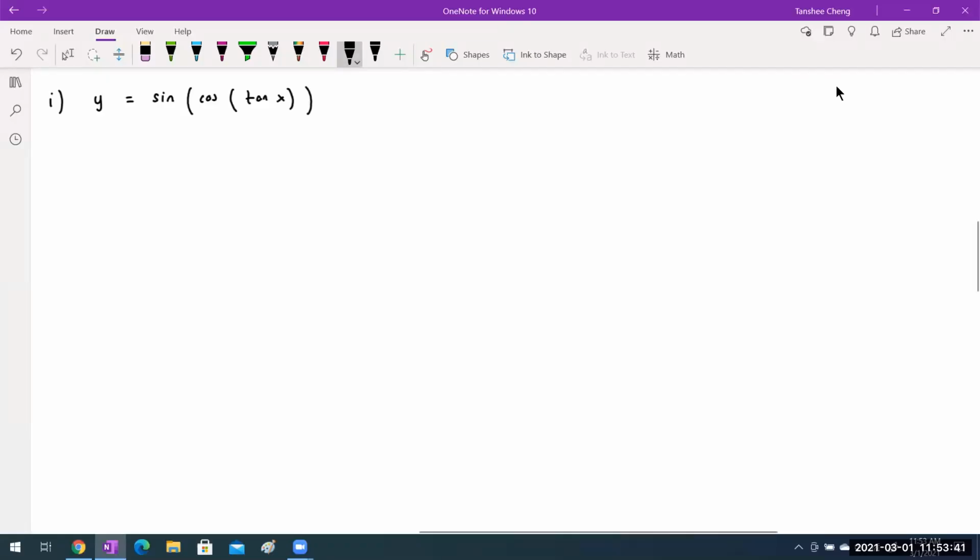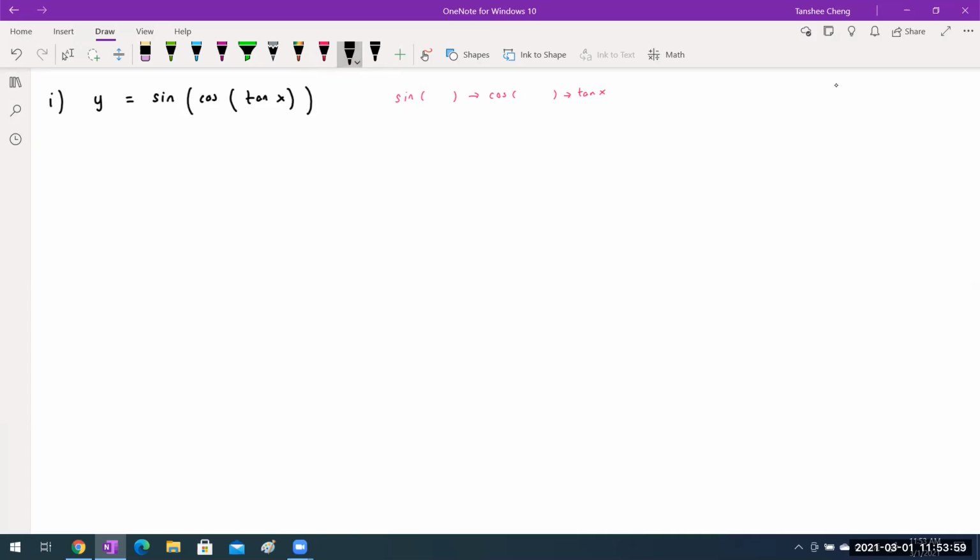So this time you should see that for the composition function, the most outer is sine, the next inner is cosine, and the last one, the most inner one, is tangent x. So we're going to take the derivative in that order.